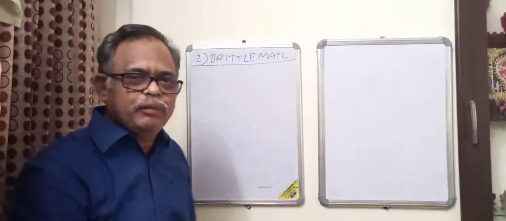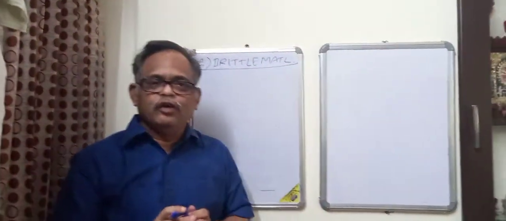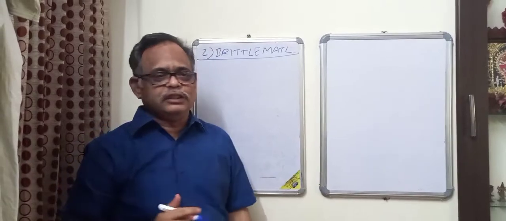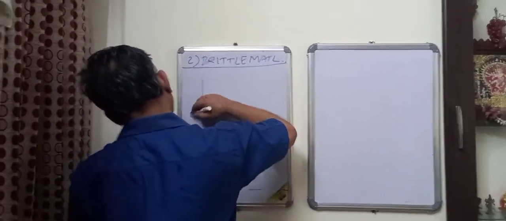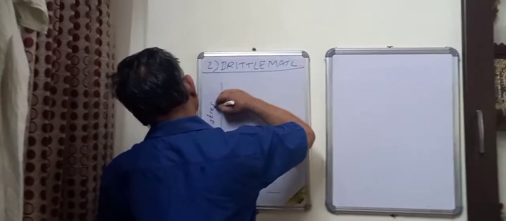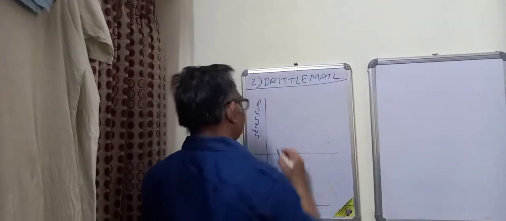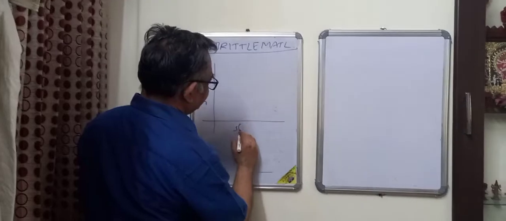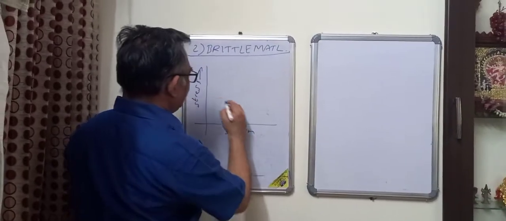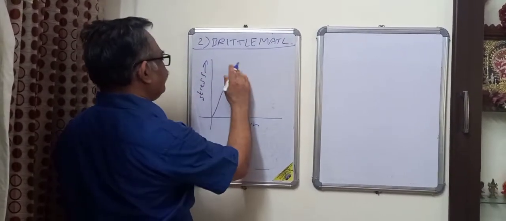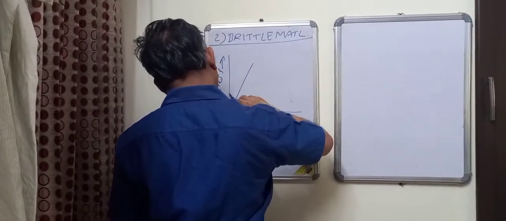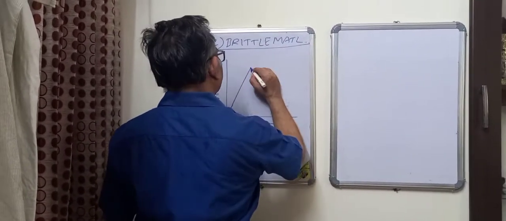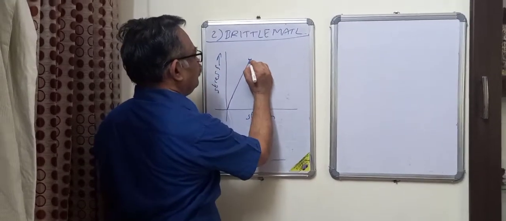In the case of brittle material, how do we have to select the maximum permissible stress? Let us assume the y-axis is stress and the x-axis is strain. For brittle material, the curve will be straight like this, without any bend, and it will fracture here.